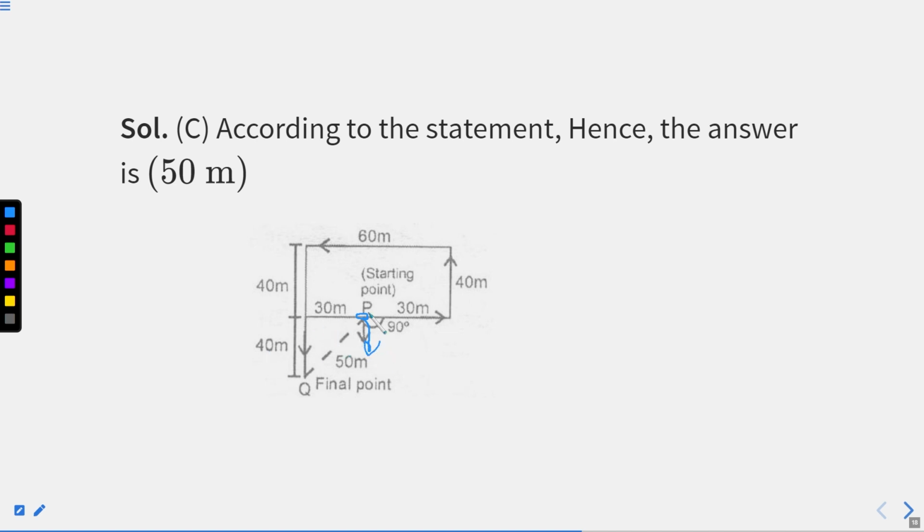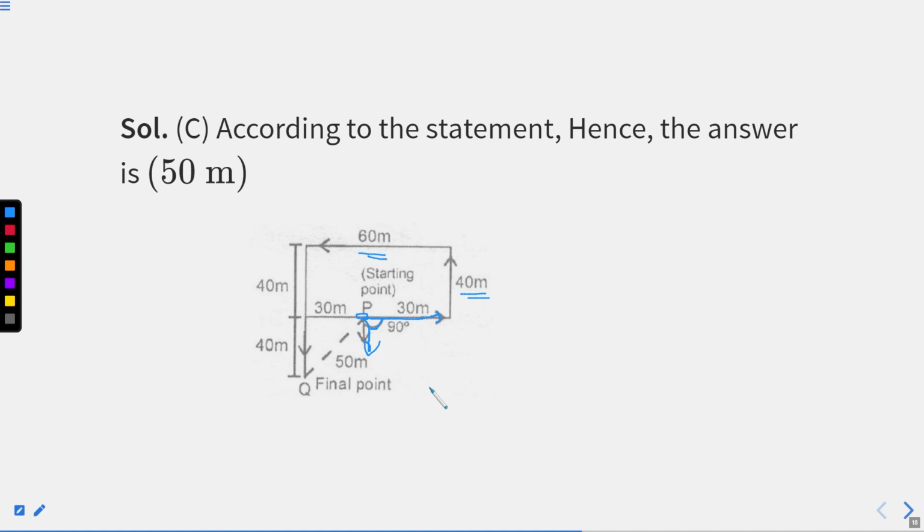When you move 90 degrees, you find yourself facing east and you took a distance of 30 meters. Then you move north a distance of 40 meters, then west a distance of 60 meters, and then to your left, 80 meters. So from the starting position, you will find yourself in the southwest direction.